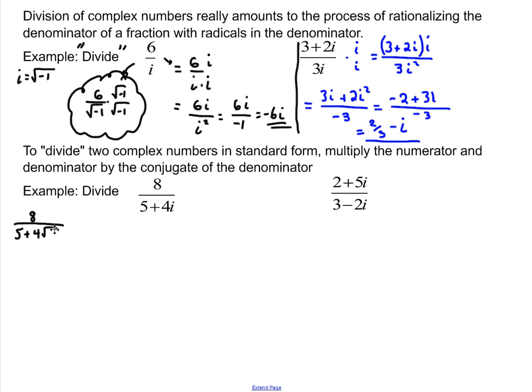In order to rationalize the denominator of a fraction like this one, we have to multiply by the conjugate of the denominator. Now remember that a conjugate is when we take the two terms and we reverse the operation between them. So if we want to take the division here, let me do a little stick math for you.